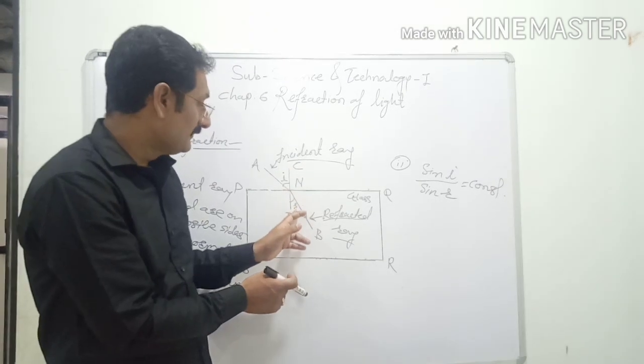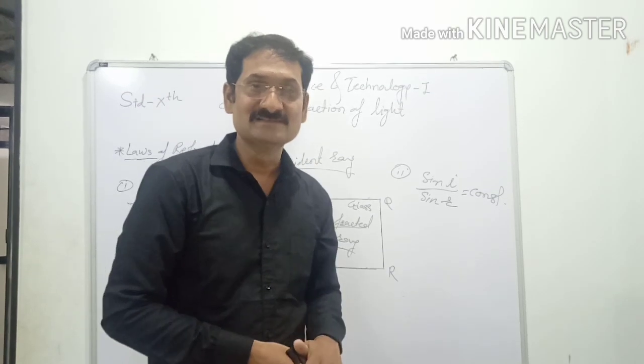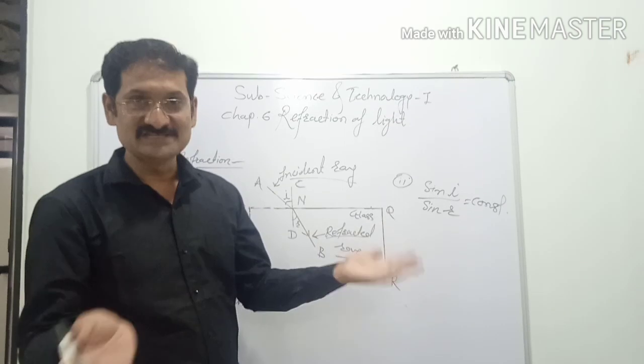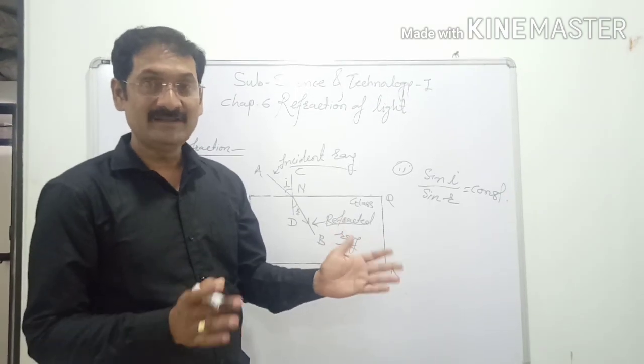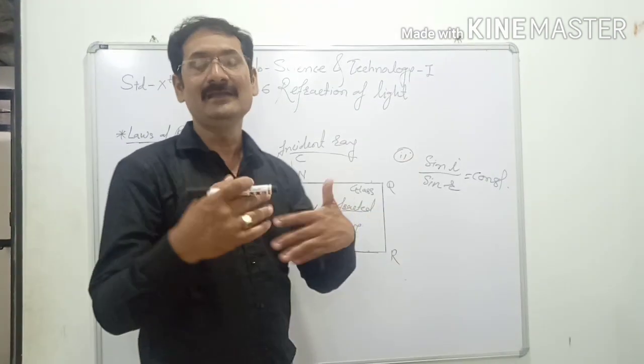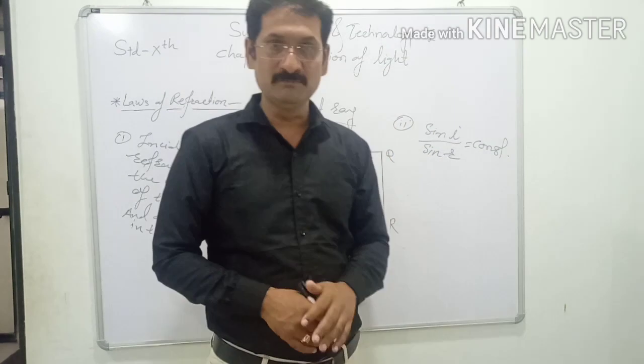Hence the angle of refraction is less than the angle of incidence. But in the vice versa process, when light rays travel from denser to rarer, it will change. But the ratio is always constant for a given pair of media.